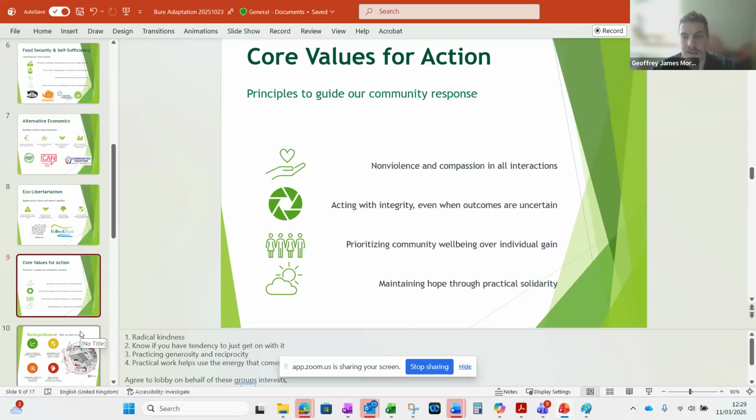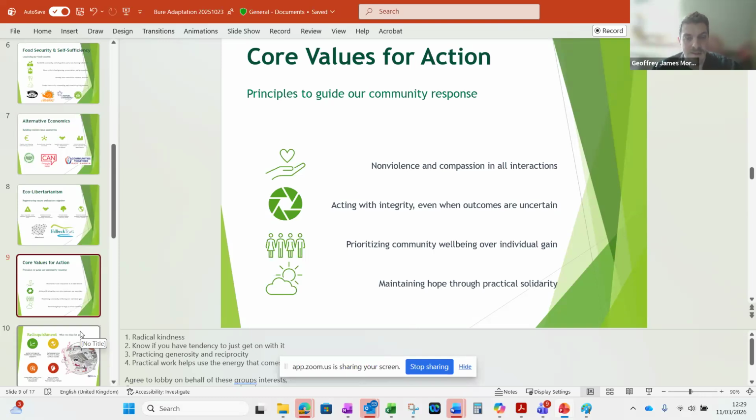In terms of acting with integrity, maybe you're somebody who will want to just get on and do something regardless of what that is, and it is always important to have a sense of communing with other people and taking information in before we do anything, just to be active.